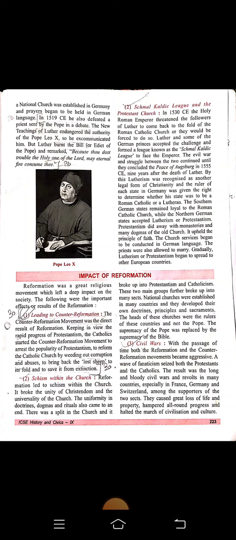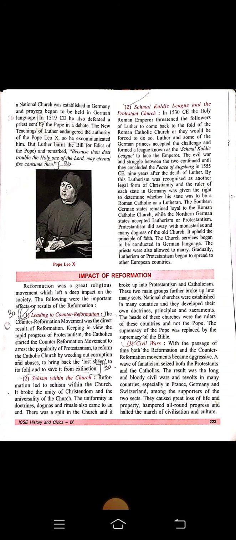By this, Lutheranism was recognized as another form of Christianity, and the ruler of each state in Germany was given the right to determine whether his state was to be Roman Catholic or Lutheran. So from here we can understand that the Lutherans are called the Protestants, right, and the Roman Catholics are the Catholic group.